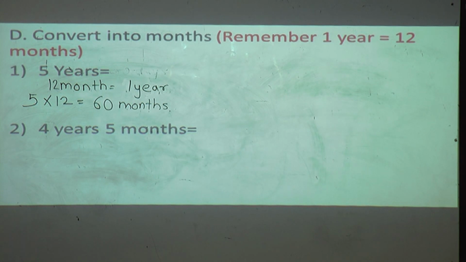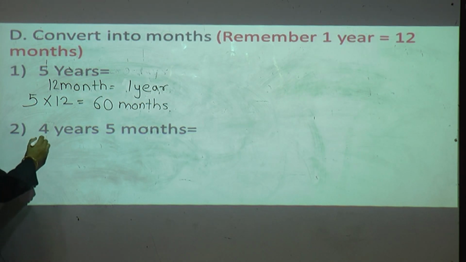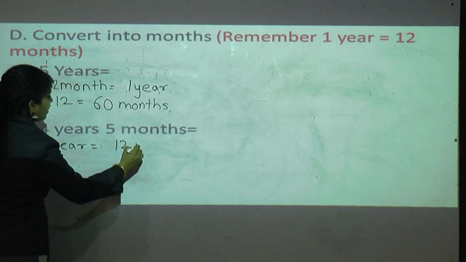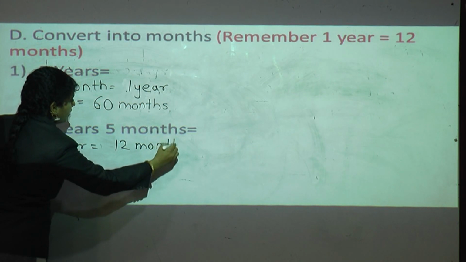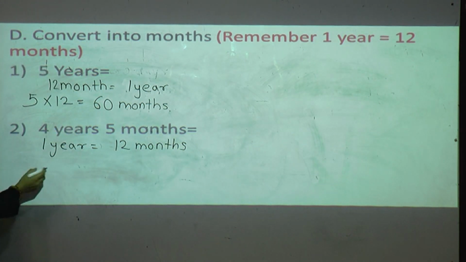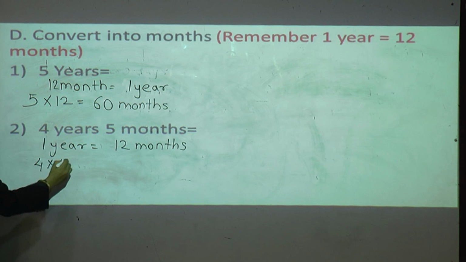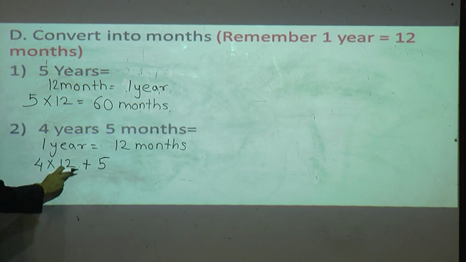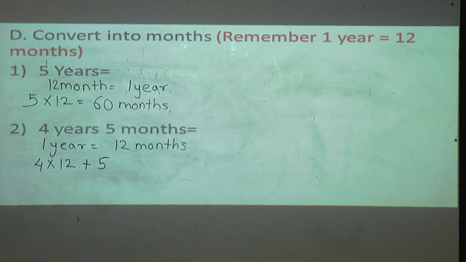Again fourth one, 4 years and 5 months. So again write here 1 year is equal to 12 months and students 4 years. So just multiply 4 by 12 and add this 5. That means 12 multiplied by 4.